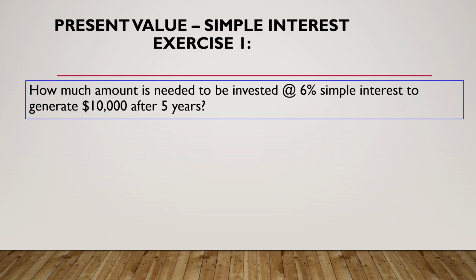So first thing, as I told you, we have to write the formula for calculating present value. We want to find out the present value of $10,000. So present value is equal to future value divided by 1 plus RT. RT means R multiplied by T. Now we will write the values which are given.